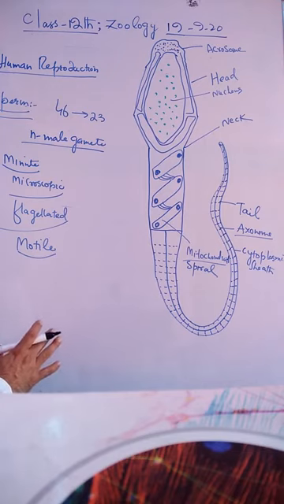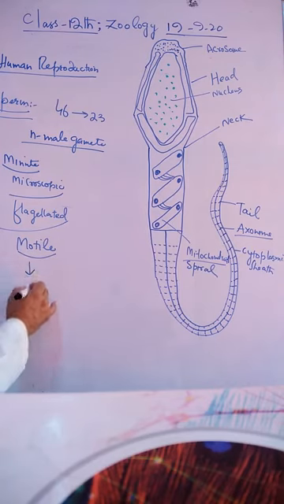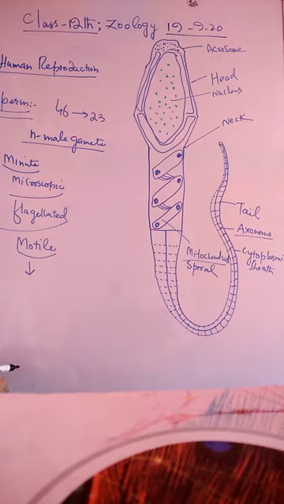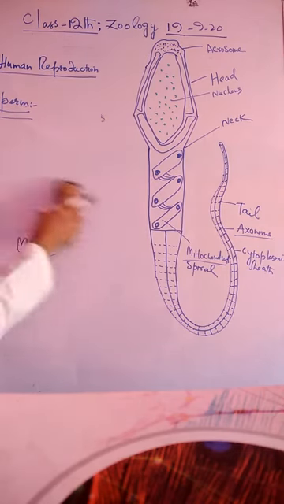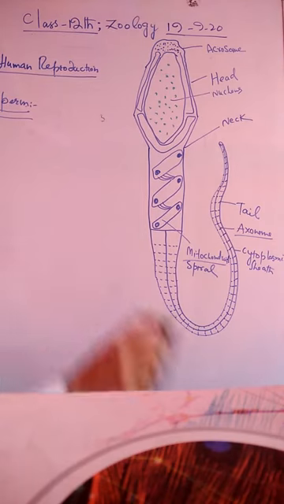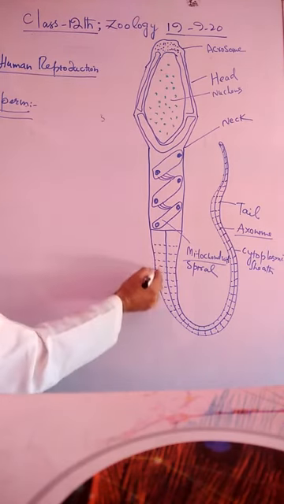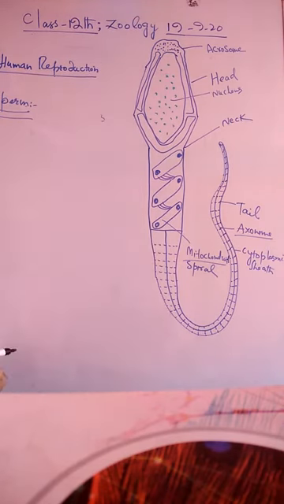The whole body of the sperm is enveloped by the plasma membrane only. There is only a plasma membrane, called the cytoplasmic sheath, that covers this sperm.